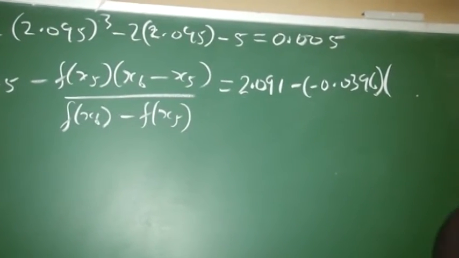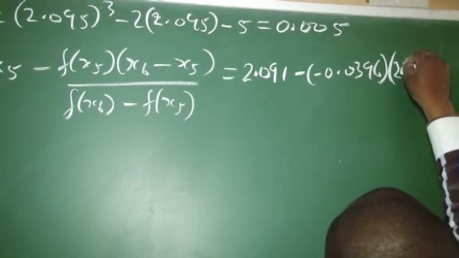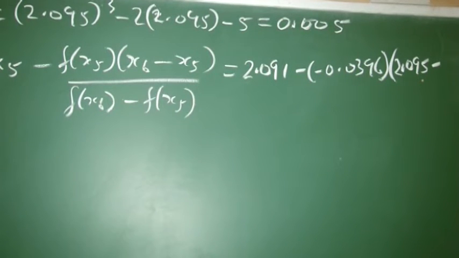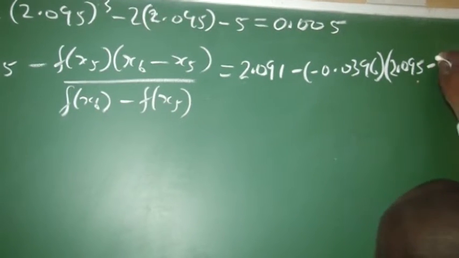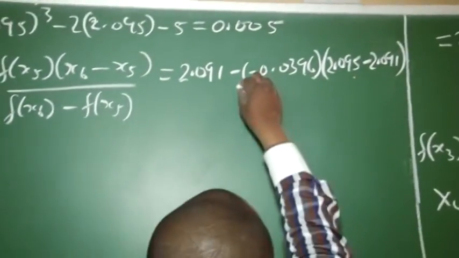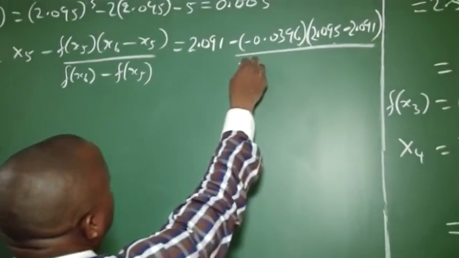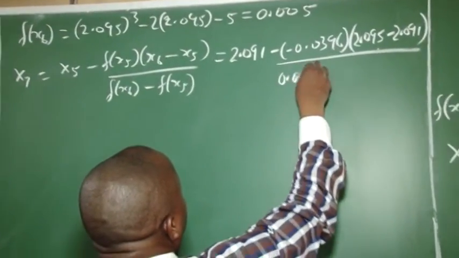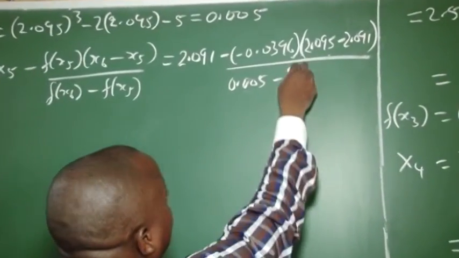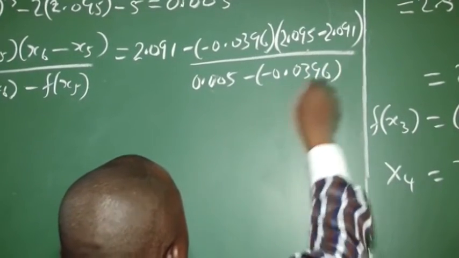Then x6 is 2.095 minus x5, which is 2.091, over f of x6, which is 0.005, minus f of x5, which is minus 0.0396.